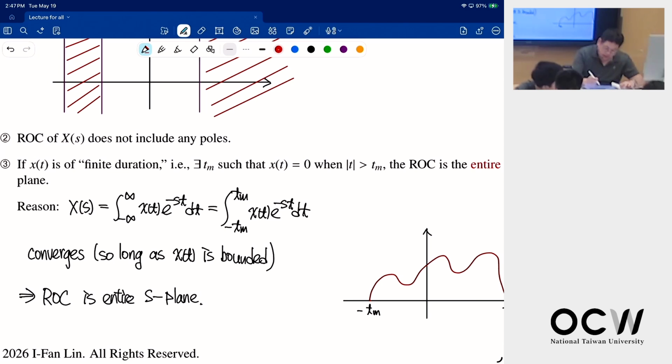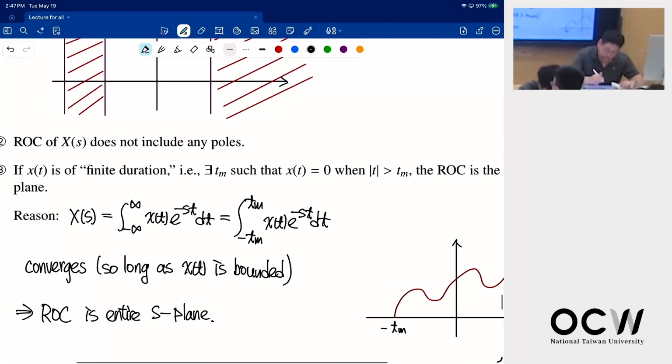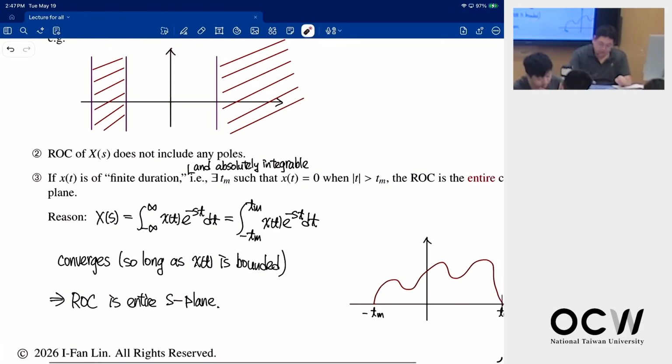And here I would like to add: if the signal is finite duration and also absolutely integrable. Let's see why.